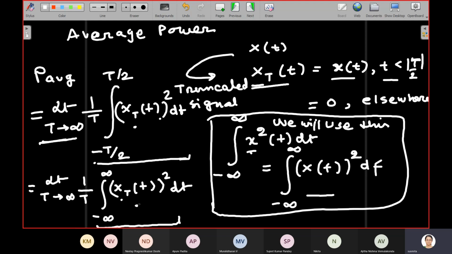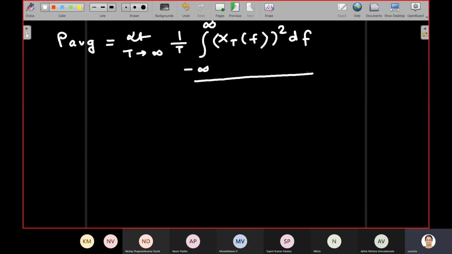The same thing we can say for the second expression also, because they are the same, right? Therefore, this one actually exists. The integration exists, right? And when the integration exists, we can actually interchange the limit and the integration.